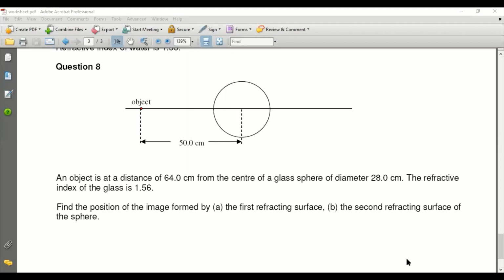Answer for question number 8. Continue for question number 8.